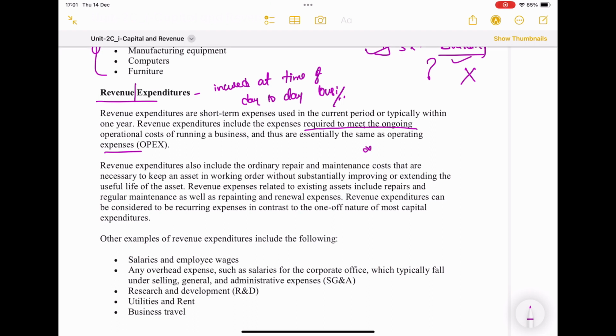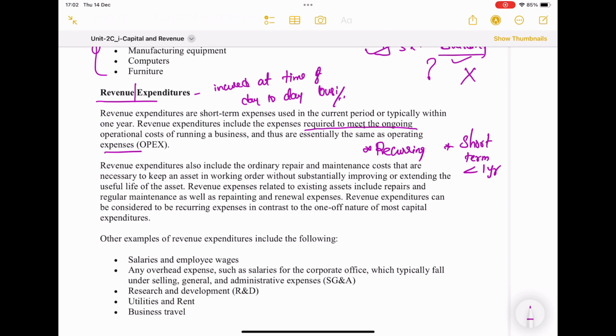Okay, so here you should know that revenue expenditures are recurring in nature, especially weekly, monthly or quarterly. Next, it is short term, not long term. Short term means less than 1 year, so it is going to occur in less than 1 year.